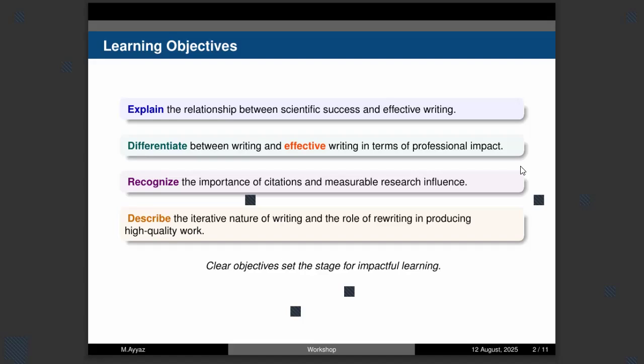And we will see what citations are and their importance as a measurable tool for evaluating the quality of research work. And at last, we will discuss a very important tool that is called rewriting or iterative writing. And this impactful tool can be used to clarify and enhance the precision of our writing.